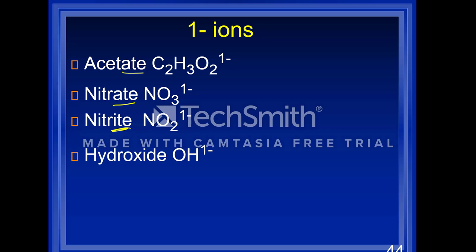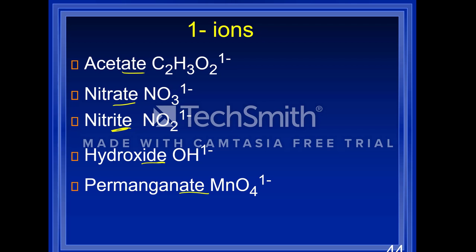Hydroxide, again, is an IDE. Most of the rest live in ATE or ITE. Hydroxide, they named it that way because they thought it was an element for a while. And can you tell they named it backwards? Wouldn't you call it oxhydride? The O's first. So they call it hydroxide.